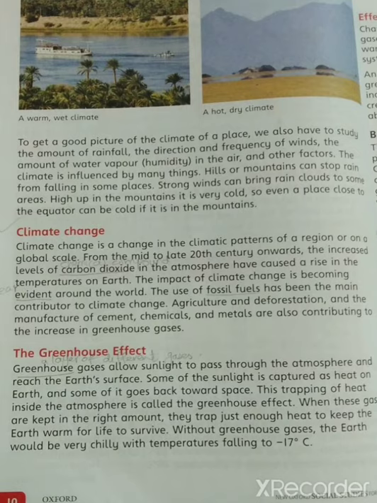What are greenhouse gases? Greenhouse gases are a layer of different gases around the globe or world. So when the sunlight enters our earth, some of it is captured inside the earth's atmosphere and some of it goes back towards space.